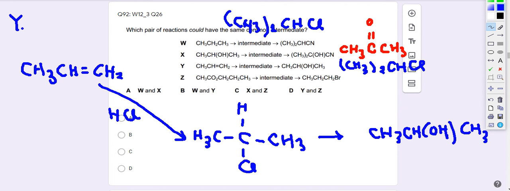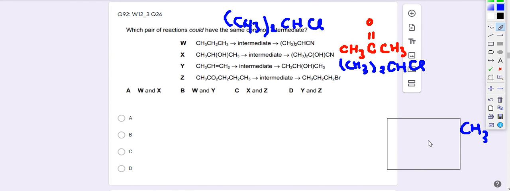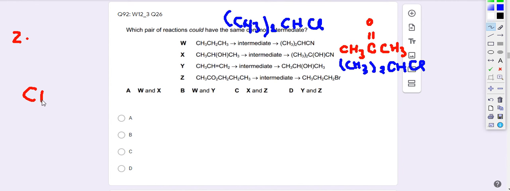Alright, now let me erase this again. We are going to the last reaction now, reaction Z. In the last reaction, we have a ketone. This ketone will be converted to an intermediate.